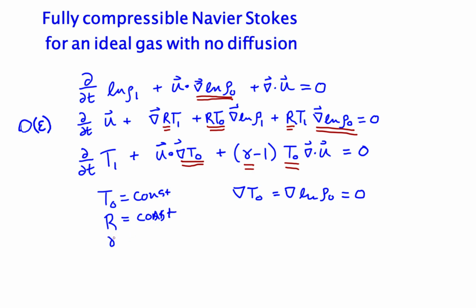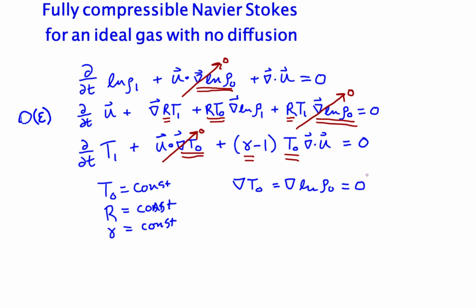So R and gamma are constant. If we take a look at our equations under the assumption that grad T0 and grad log rho 0 are both 0, that means that this term here is 0, as is this term in the continuity equation and this term in the temperature equation. This leads to a simplified set of equations for constant coefficient fluctuations, which we will rewrite next.